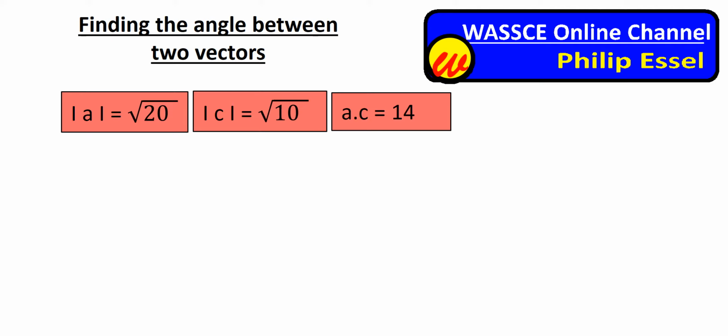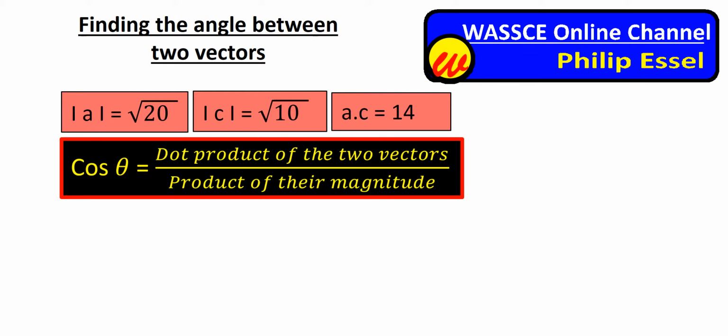First, we would state the formula we would use to determine the angle between the two vectors. This formula is cos theta equals the dot product of the two vectors divided by the product of their magnitudes.